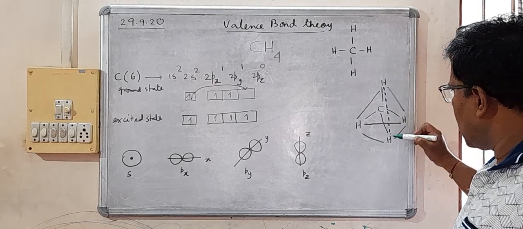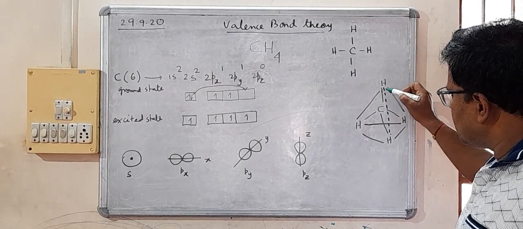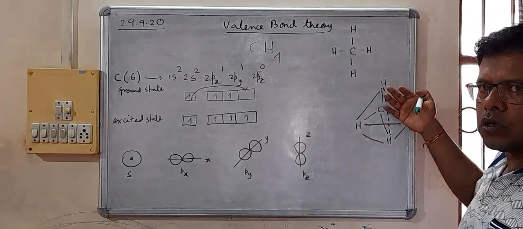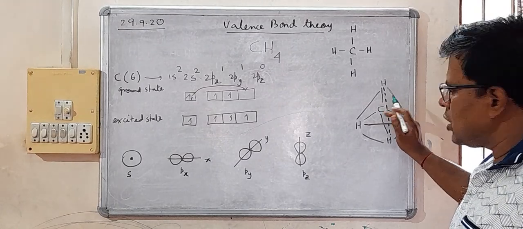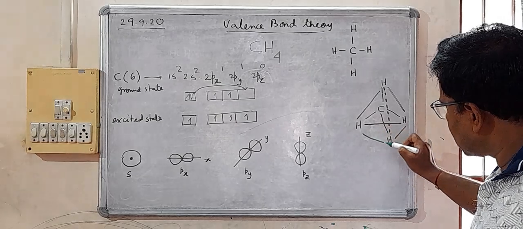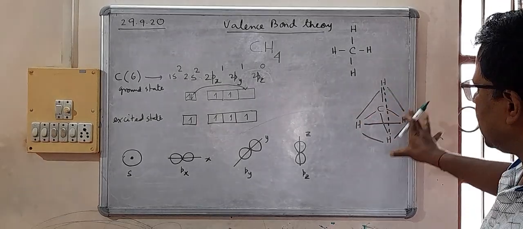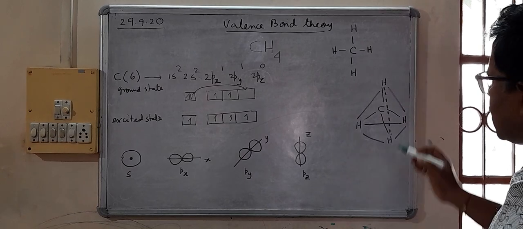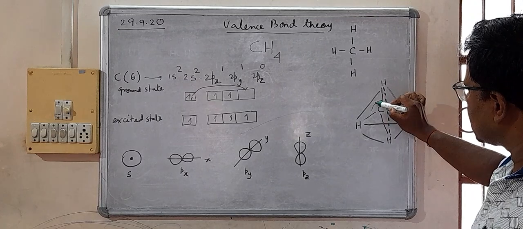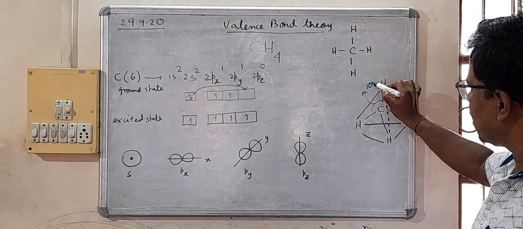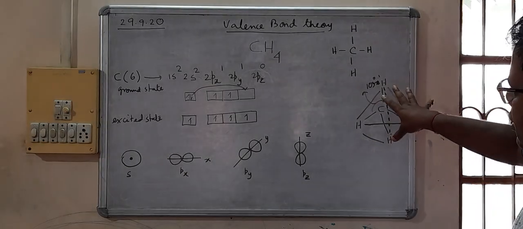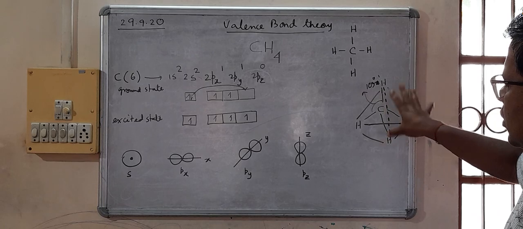This hydrogen atom and this hydrogen atom, which have been joined by a broken line, are behind the plane of the board. This carbon atom is on the plane of the board, and these lines have been drawn to complete the tetrahedron. And you know, in a tetrahedron all these angles are the same, and the measure of the angle is 109 degree 28 minutes. So all these facts we need to explain.